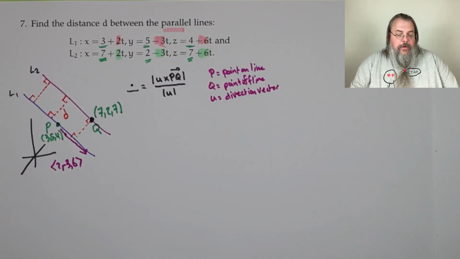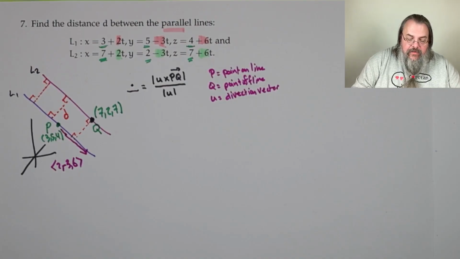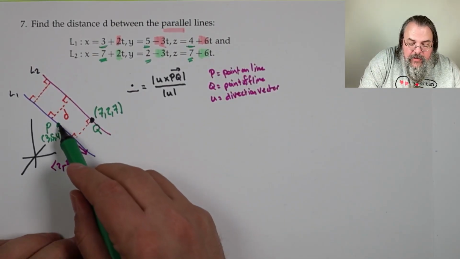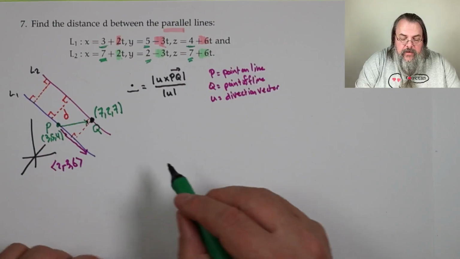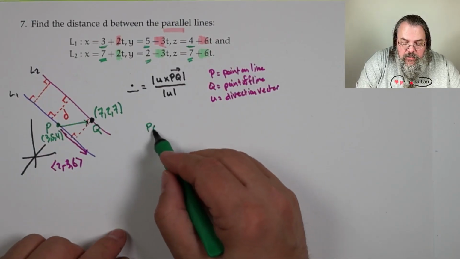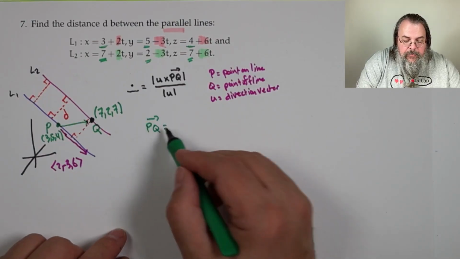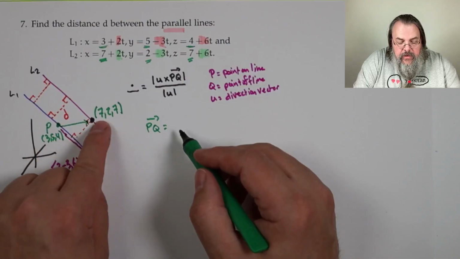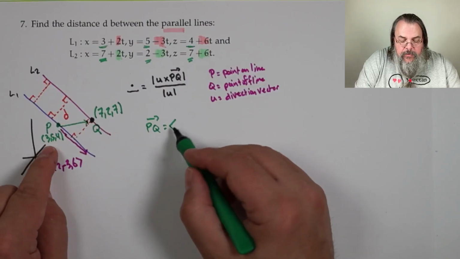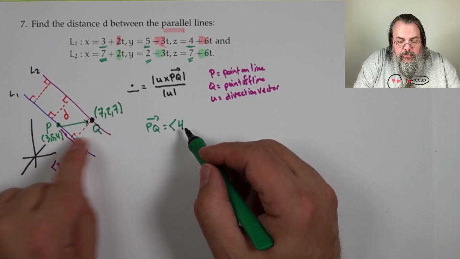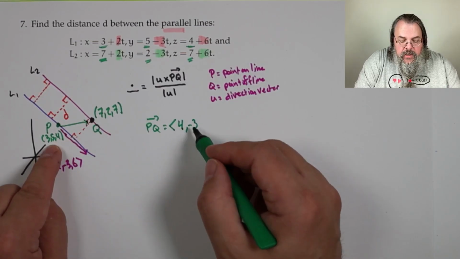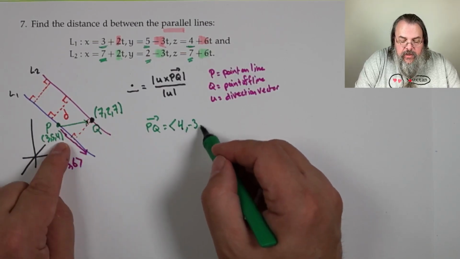Okay, so we're going to follow through what this tells us to do. It says, find this vector, P to Q. And we say, okay, what is that vector? So the vector PQ looks like, well, 7 subtract 3, right? We're looking at change. Went up 4. 2 subtract 5, down by 3. 7 subtract 4 is 3, right?